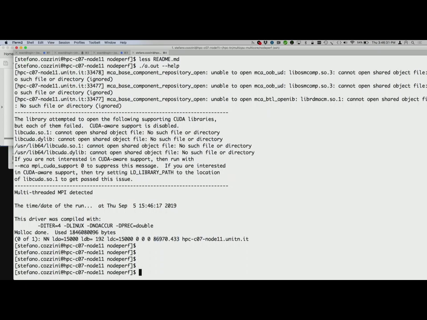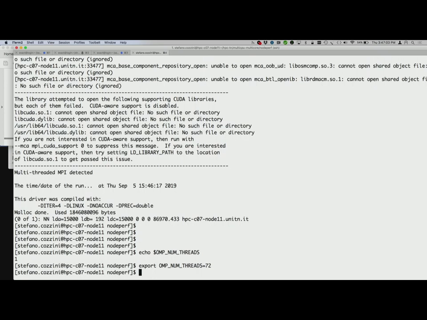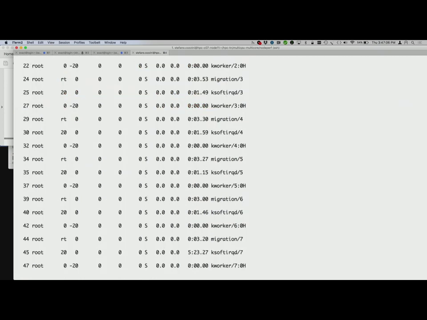Let me echo LD. I would like to check my OMP_NUM_THREADS, which was set to 1. So if I now do export OMP_NUM_THREADS=72, okay, let me see.